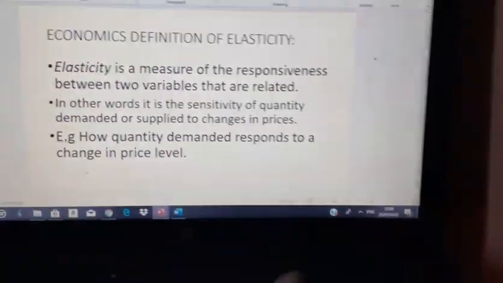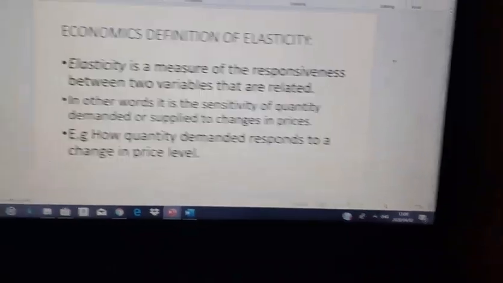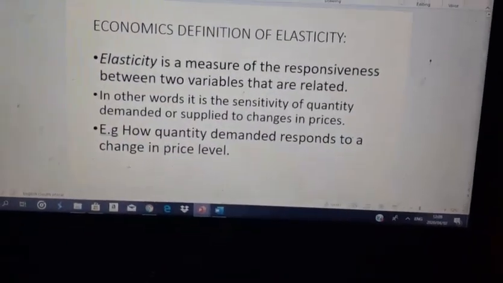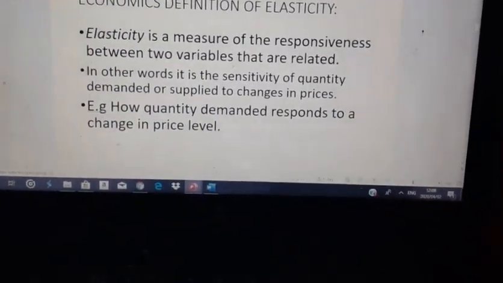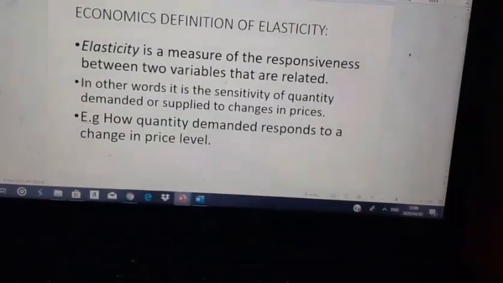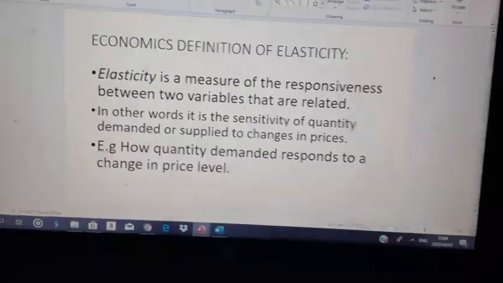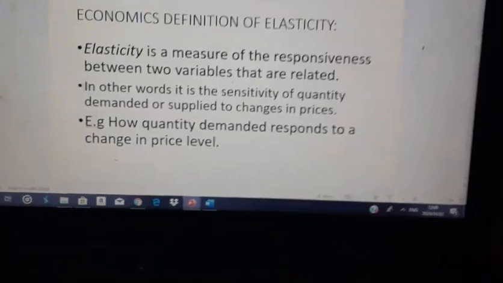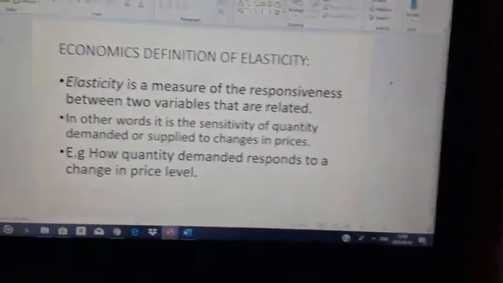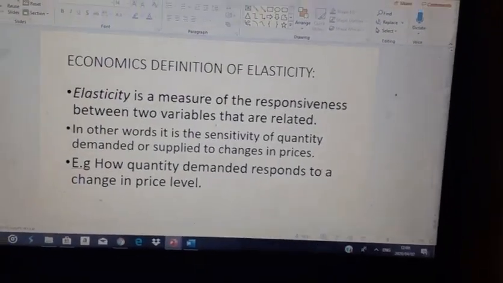In economics, elasticity is defined as a measure of the responsiveness between 2 variables that are related. Ne? It's a measure of the responsiveness or the sensitivity between 2 variables that are related.